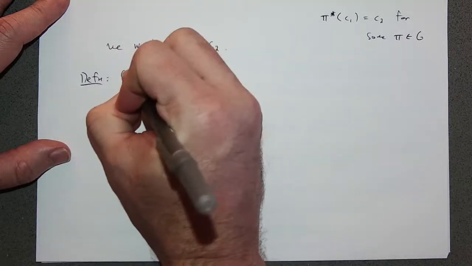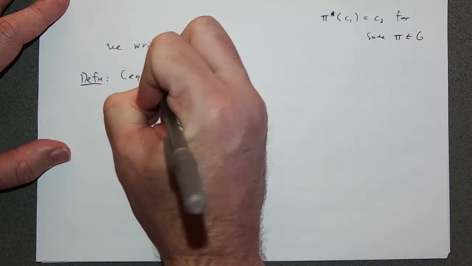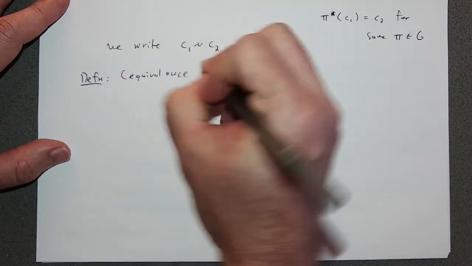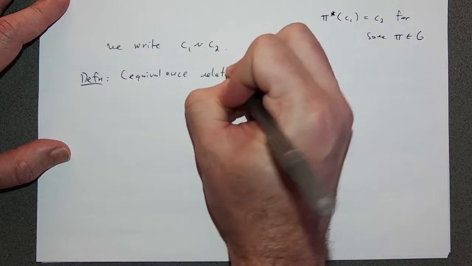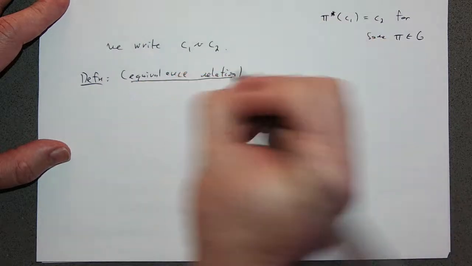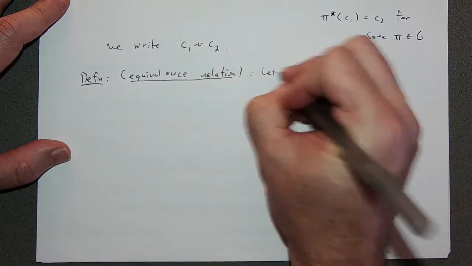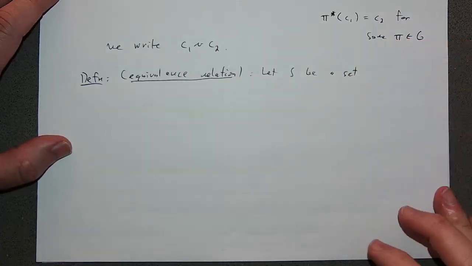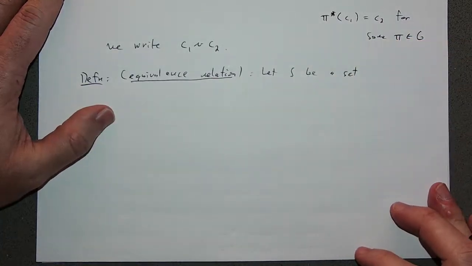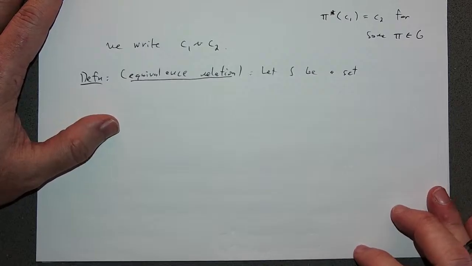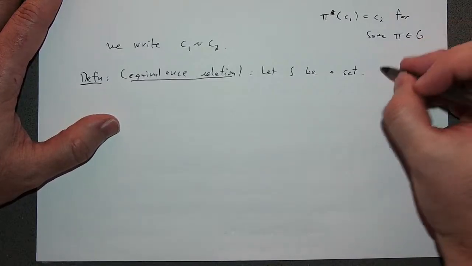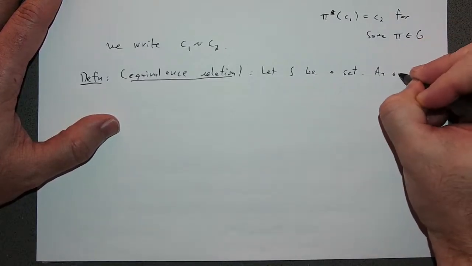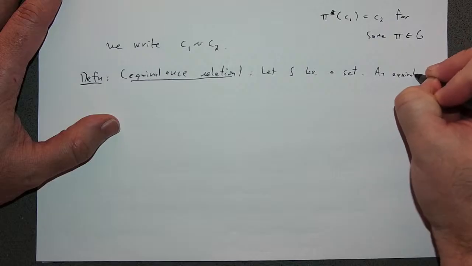Okay, here's our definition. This is the definition of what we call an equivalence relation. So let S be a set. An equivalence relation.